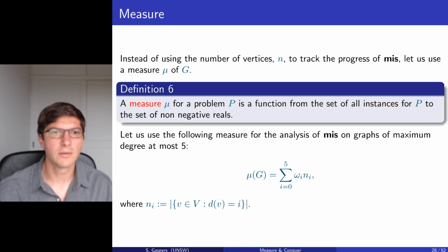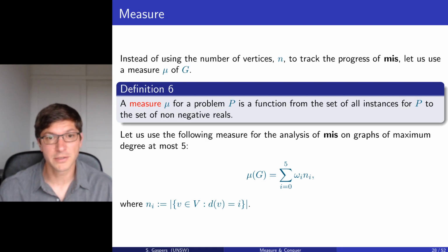Now instead of using the number of vertices to track the progress of the algorithm, we use some other measure of the graph. What's a measure? A measure is just a function from the set of all instances of the problem to the set of non-negative reals.